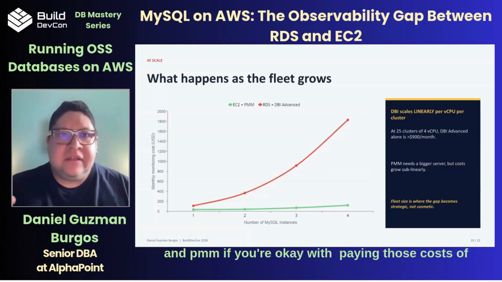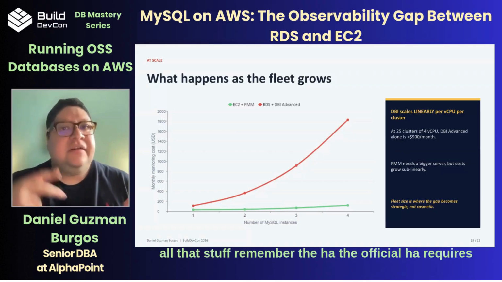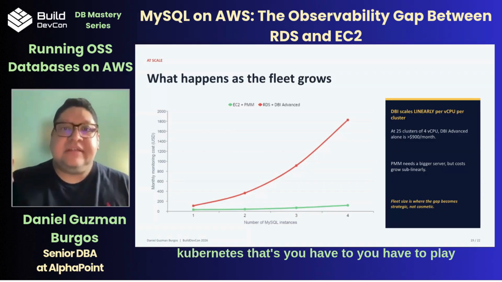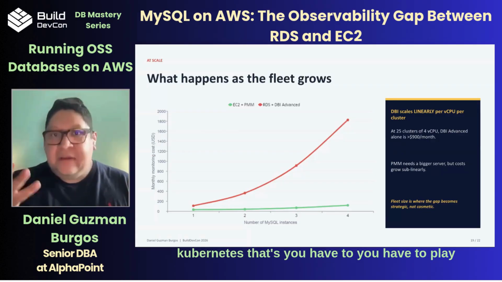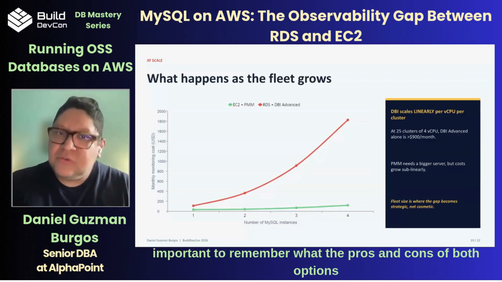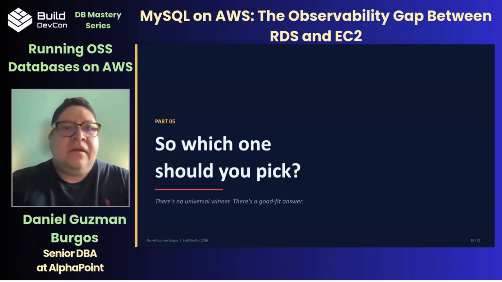If you're okay with paying those costs of maintaining, security patches, upgrades, all that stuff, remember the HA, the official HA requires Kubernetes. You have to play with that. It's that balance. It's important to remember the pros and cons of both options.